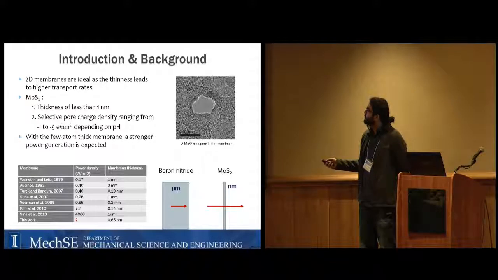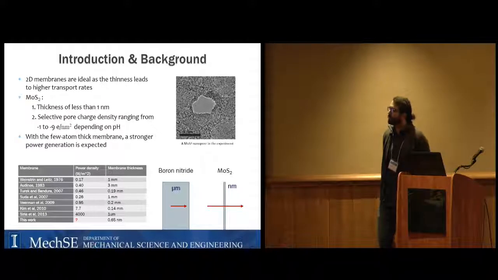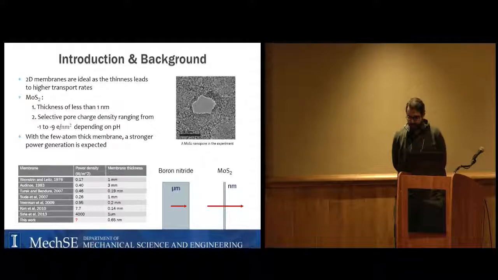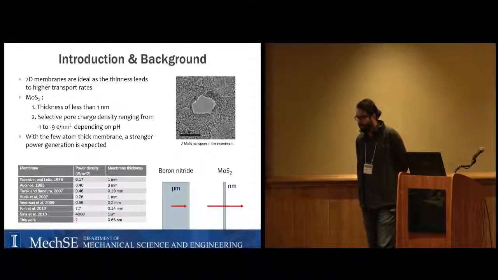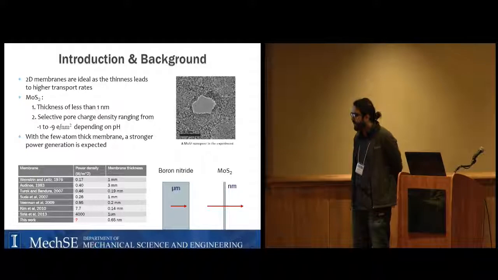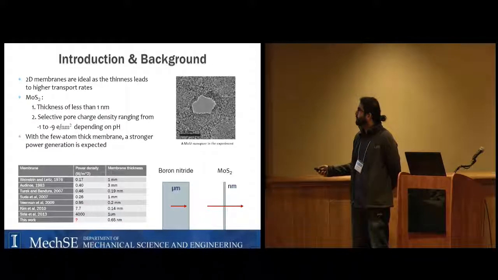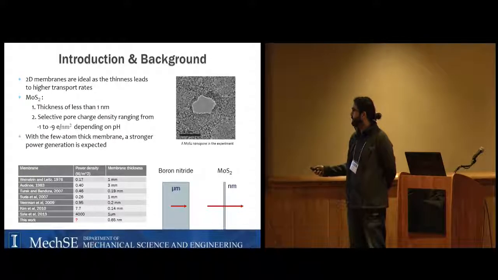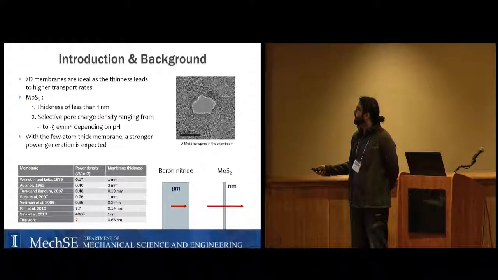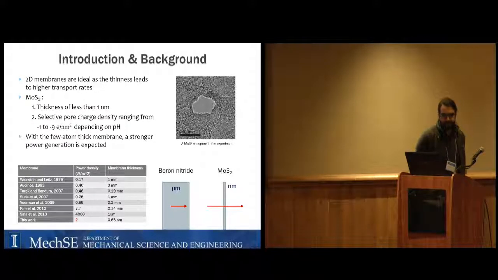About MoS2, its thickness is less than 1 nanometer, so it's very comparable to graphene. It's just 3 layers of atoms. Also, in the experiment, it was shown that if we change the pH, we can get charge densities at the nanopore from -1 to -9 electrons per nanometer squared.